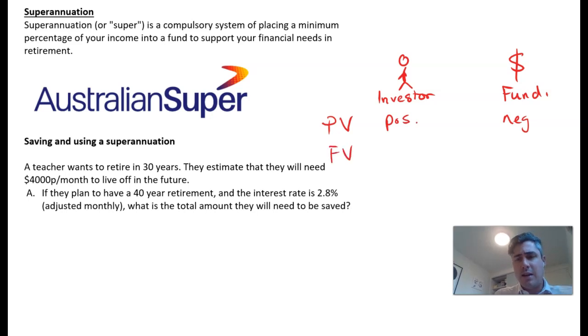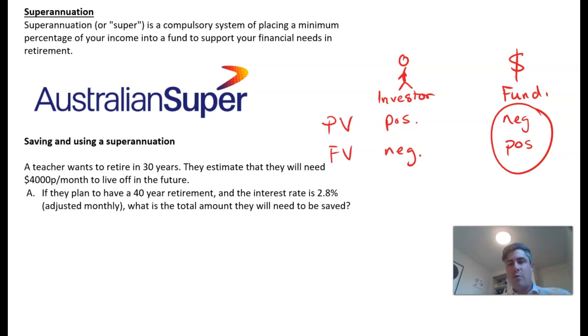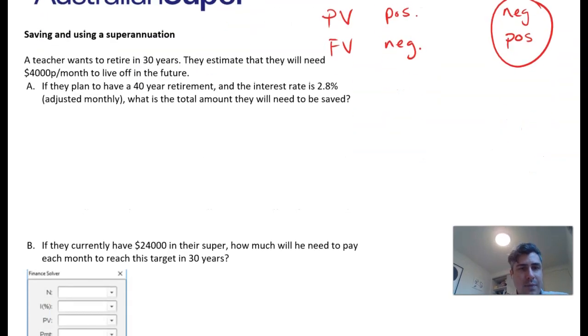Similarly, FV, if the money is in the fund, because it's going to eventually come back to the investor, it should be positive. If the money's with the investor, technically that means it's negative, so it needs to go back to the fund. We're going to be focusing mainly on when you're in your retirement, so your PV will be negative because it's in the fund, and the FV will be positive because it's due to come to you eventually. So, have a look at this example.